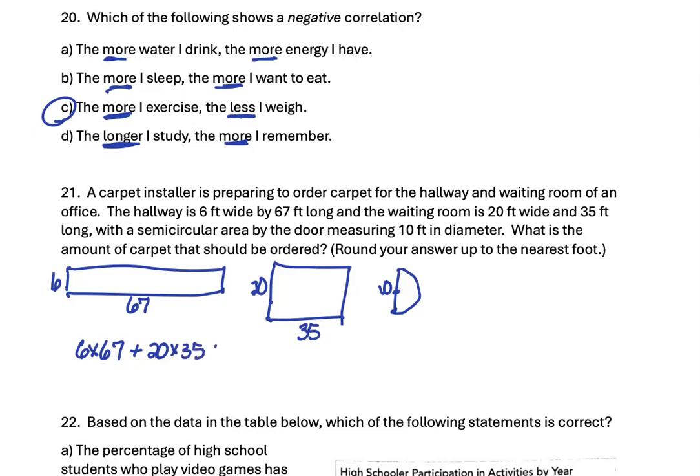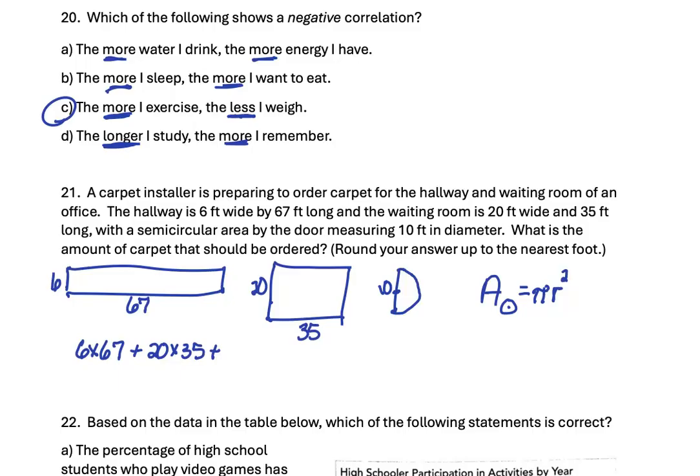And for the semicircle, remember the area of a circle is pi r squared. If the diameter is 10, the radius is 5.